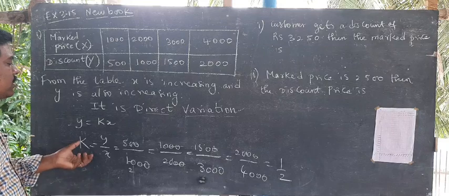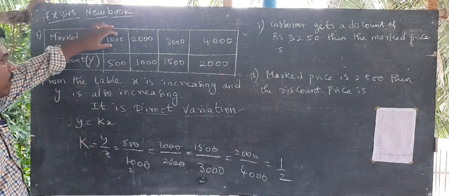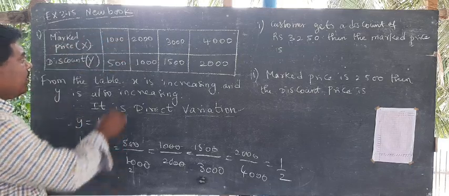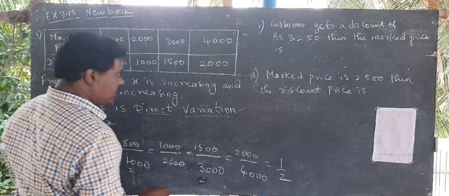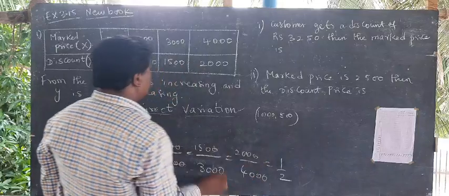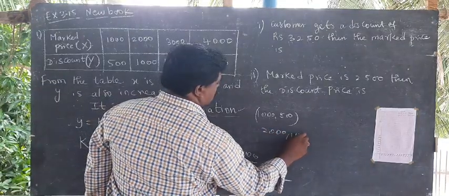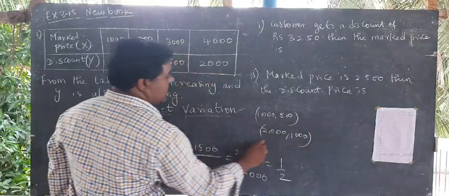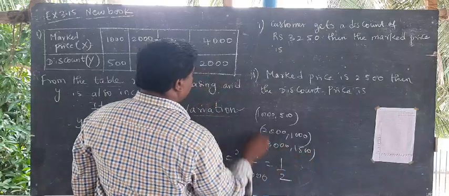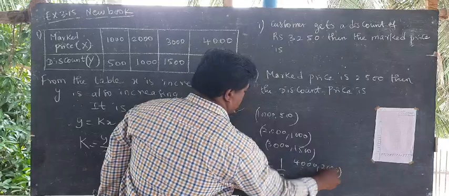Using this we have to draw the graph. This is the x coordinate, 1000, and the y coordinate 500. So we need to plot 1000 comma 500, then 2000 comma 1000, then 3000 comma 1500, then 4000 comma 2000.